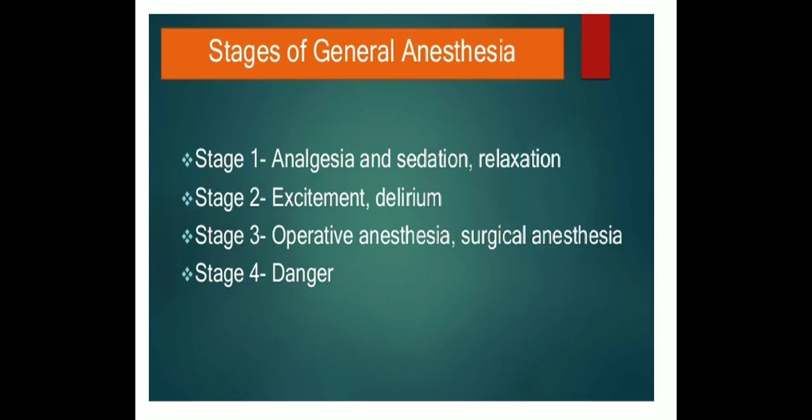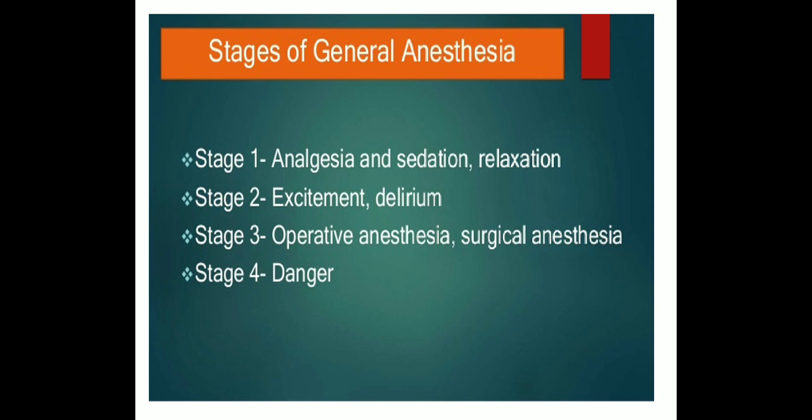Next are the stages of general anesthesia, how it works. The first stage is analgesia, sedation, and relaxation. So the pain sensation will not be there, the patient will be in artificial sleep, and relaxation of the muscles will occur. In the second stage there will be excitement and delirium. It is a cognitive mental state. The patient will not remember anything.